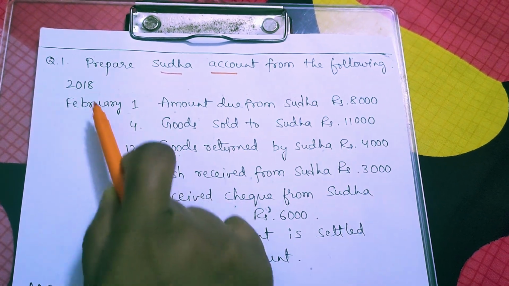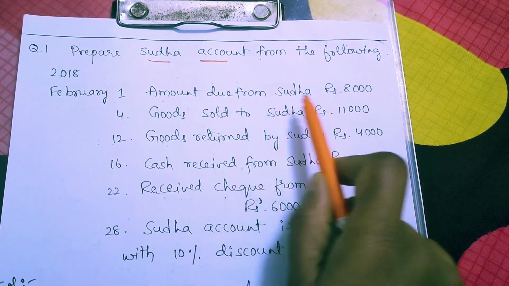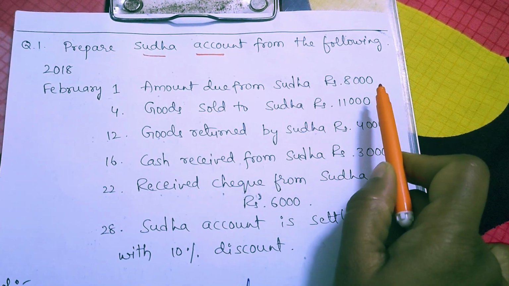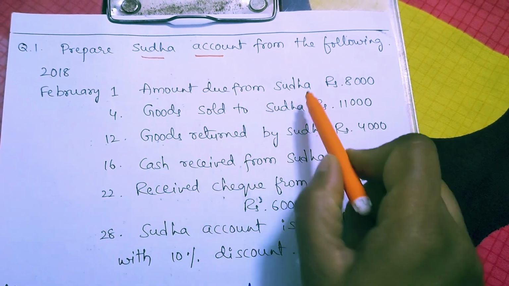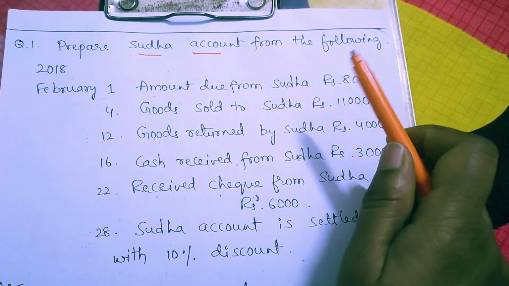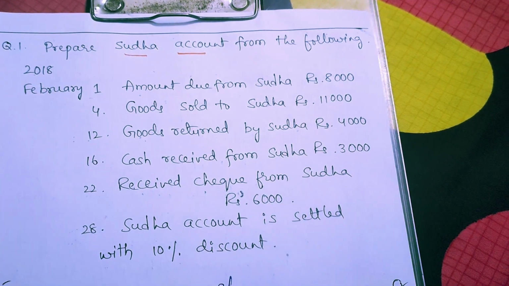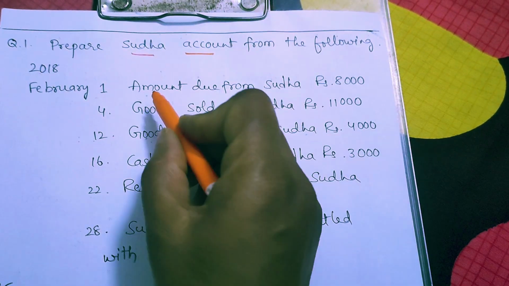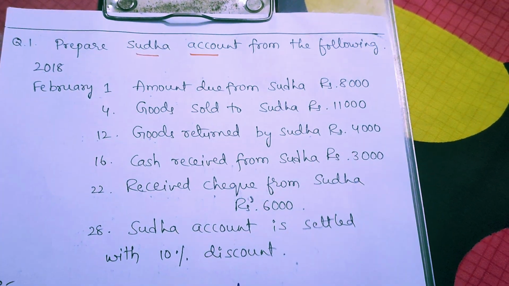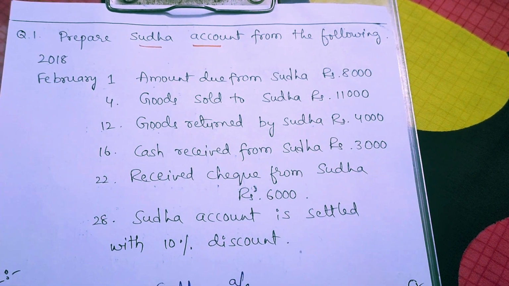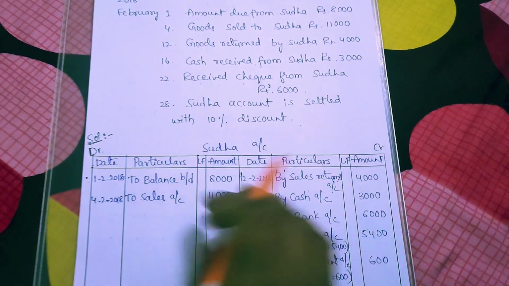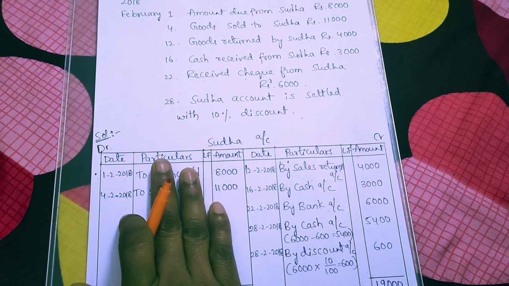So let us discuss now. February 1st, 2008. Amount due from Sudha, rupees 8,000. Only Sudha related transactions will be recorded in this account. So here, amount due from Sudha. We may get a doubt about which side it will appear, debit side or credit side.